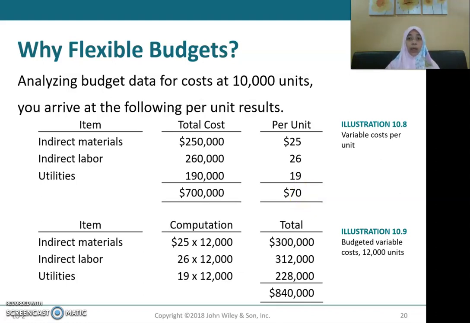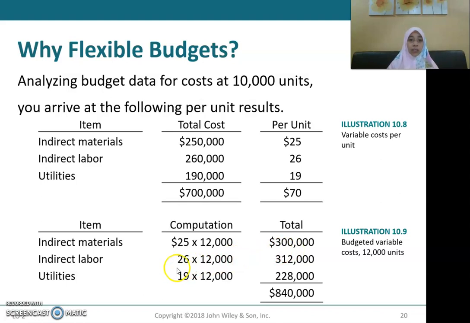So next step, once you have identified the per unit result, then you can work it out if, let's say, you produce 12,000 units. One unit carries 25 ringgit, so that will be 25 ringgit times 12,000, which gives you 300,000.